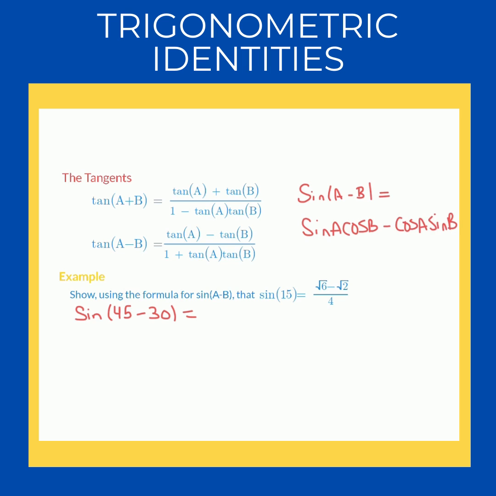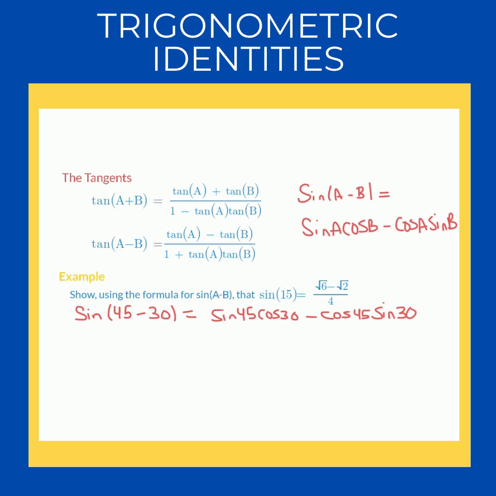Now, so I have sine of 45 minus 30, so it's what? Sine of 45 cosine of 30 minus cosine 45 sine of 30.